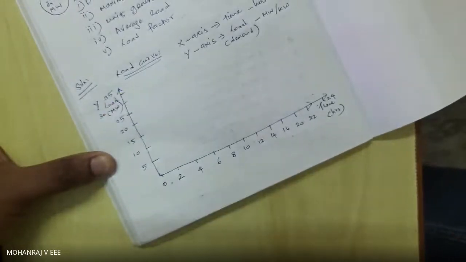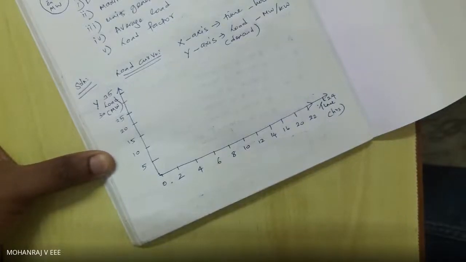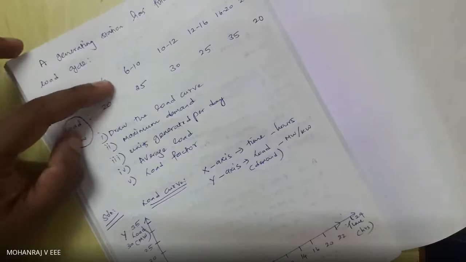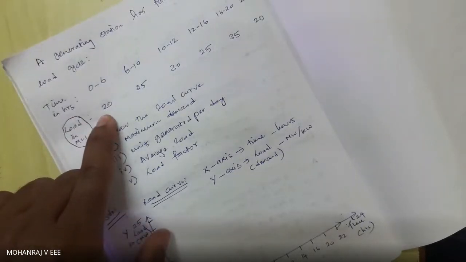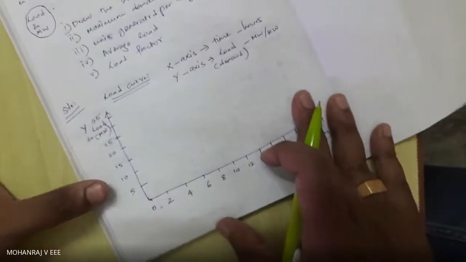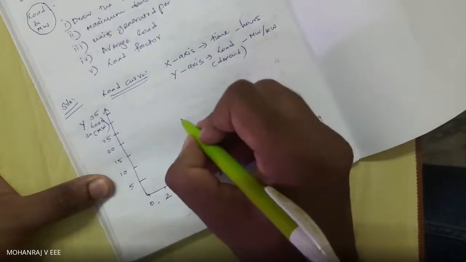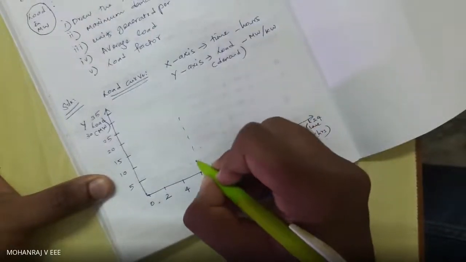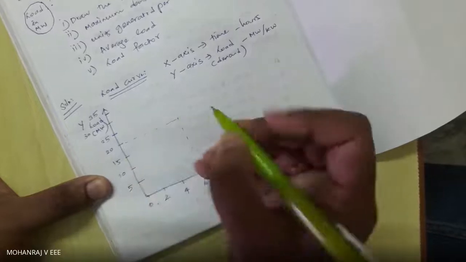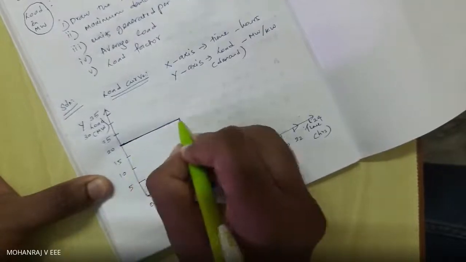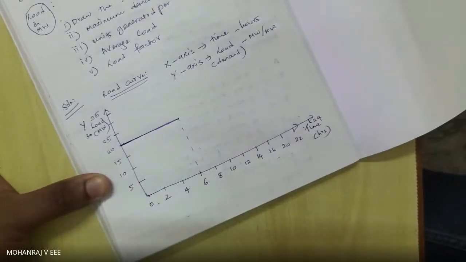Now, for 0 to 6 hours, in the question it is given that the load is 20 megawatt. So I have my 6 here, I have my 20 here, so I can draw a line from 20. From 0 to 6 hours, the load remains 20 megawatt.